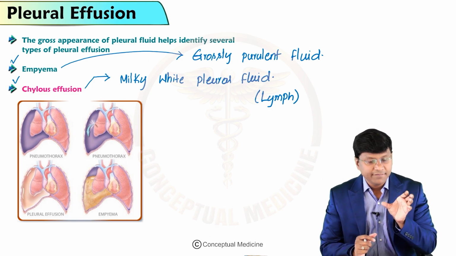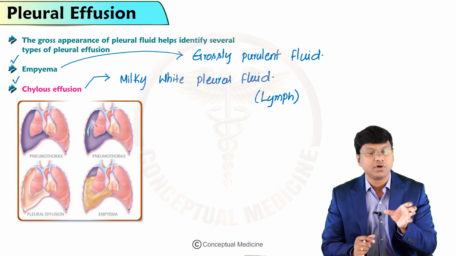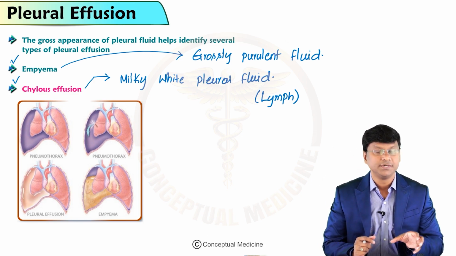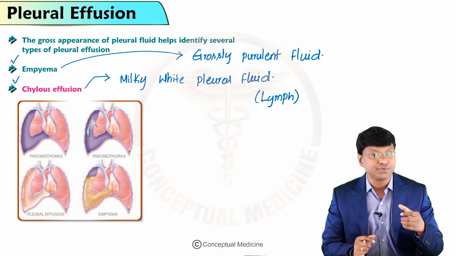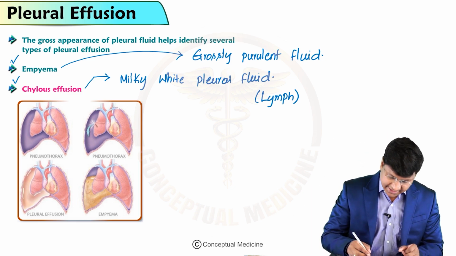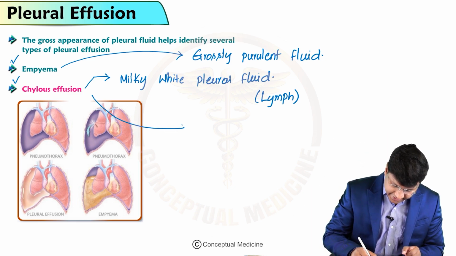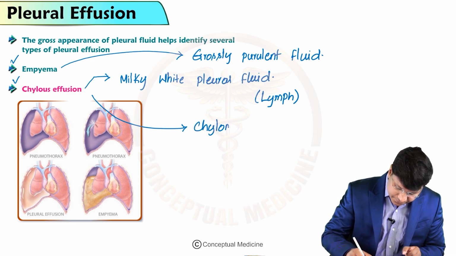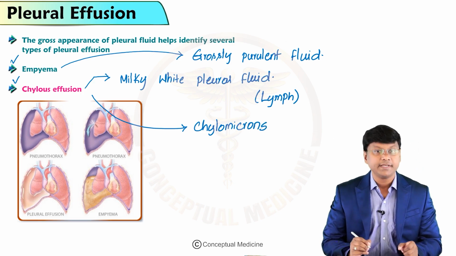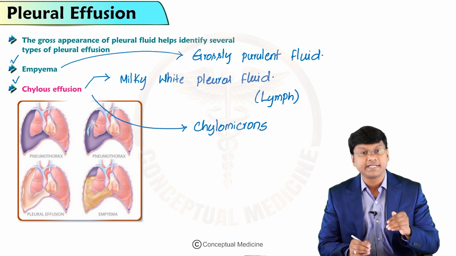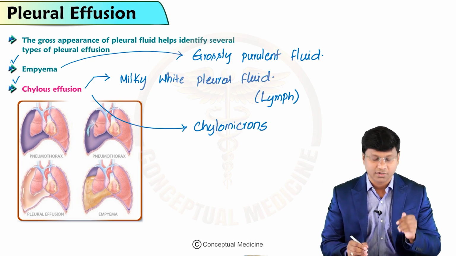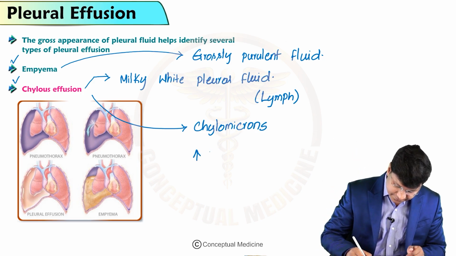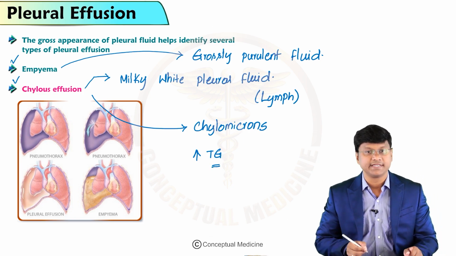Now, if you do the analysis of this chylous effusion, what does it contain? The chylous effusion contains chylomicrons, and it contains high levels of triglycerides.